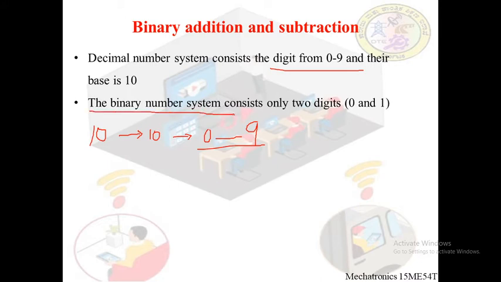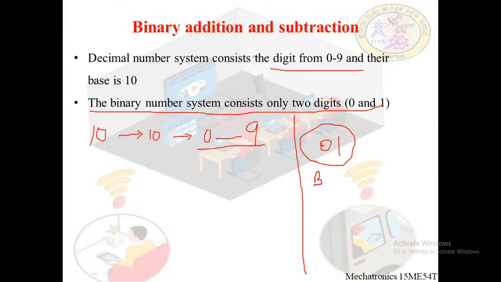But the binary number system consists of only 2 digits, that is 0 and 1. Here the case differs. The normal arithmetic rules don't hold good. We have a special set of rules for binary addition and binary subtraction.